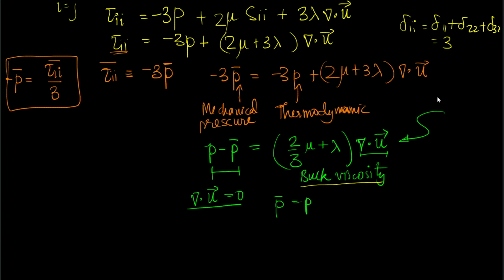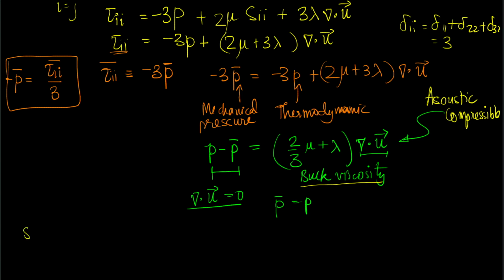And this is typically important for problems of acoustics, problems of compressible flows, shock flows, and so on. But for typical flows, if the flow is divergence free, the bulk viscosity does not come into the picture.